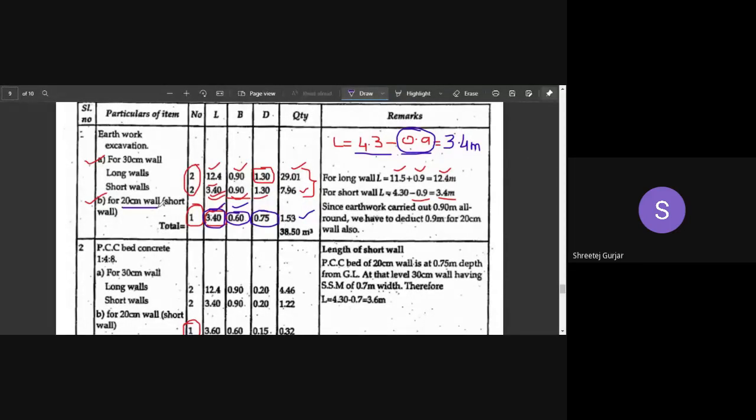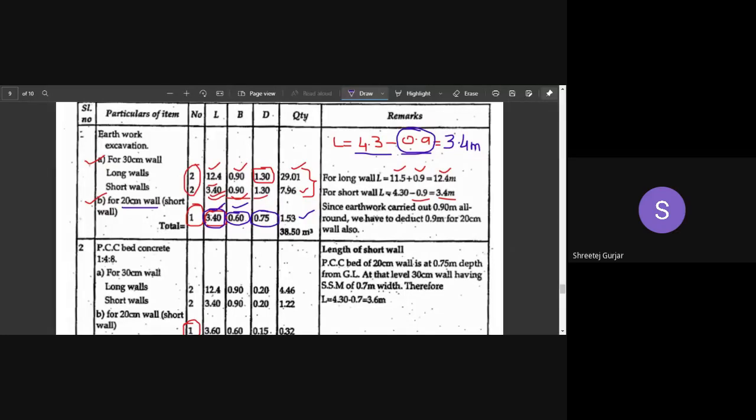Okay. So because we have different thicknesses of walls, we have to calculate separately for the 30 centimeter wall and separately for the 20 centimeter wall. If we had three different walls, we would have to calculate separately for all three. If we had four different walls, we would calculate for four.